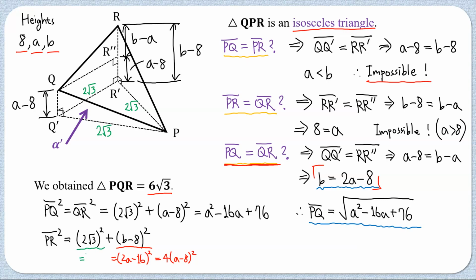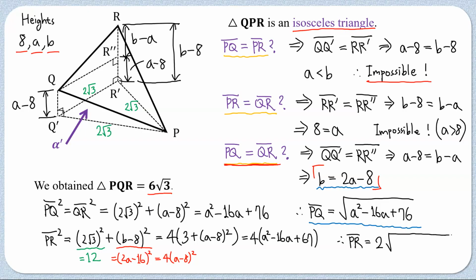And this part is 12, so we can take out 4 here, which gives 3 here, then plus A minus 8 squared. So 4 times A squared minus 16A plus 67. Therefore, by taking square roots, length PR is given by 2 times the square root of A squared minus 16A plus 67.